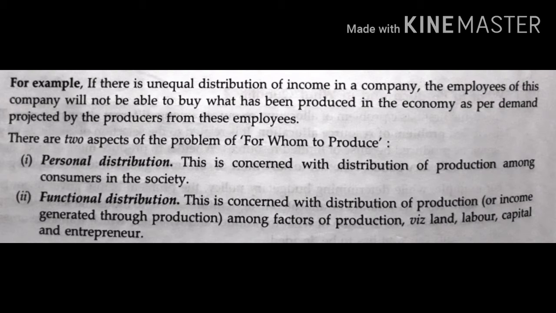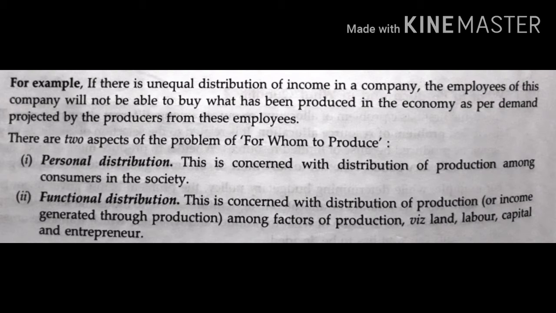For example, if there is unequal distribution of income in a company, the employees of this company will not be able to buy what has been produced in the economy as per the demand projected by the producers from these employees.